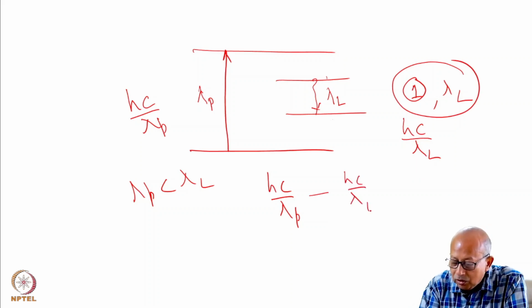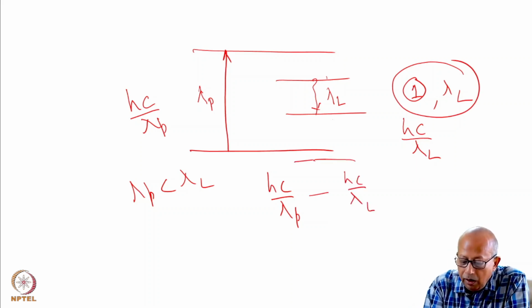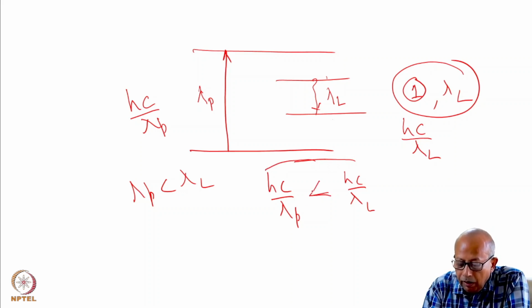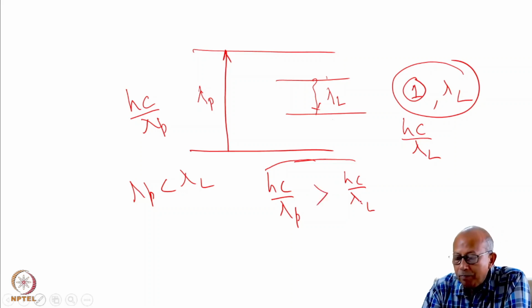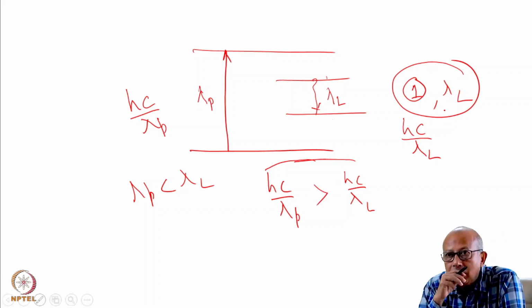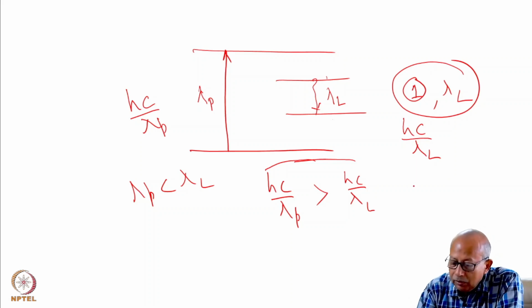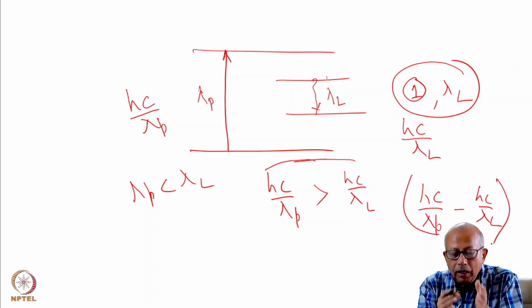So this much is the energy difference. hc by lambda p, that is the pump energy, is more than the energy of the photon that is created. So this much energy, hc by lambda p minus hc by lambda L, stays back in the system.